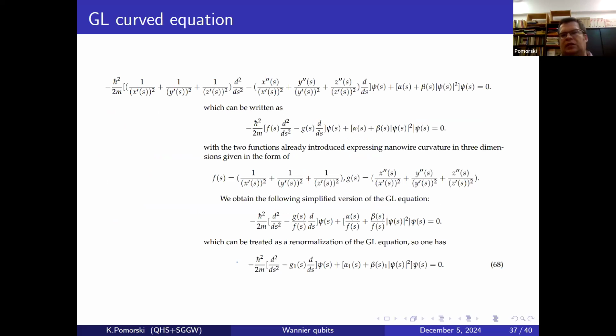And now let me talk a little bit about almost the same type of problem as before, but instead of the linear Schrödinger equation, I am having this nonlinear Schrödinger equation that encodes superconducting properties. So you have these alpha and beta terms. Alpha is supposed to be negative for the superconductor, and when you move out of the superconductor, it becomes positive, and beta is pretty much positive most of the time.